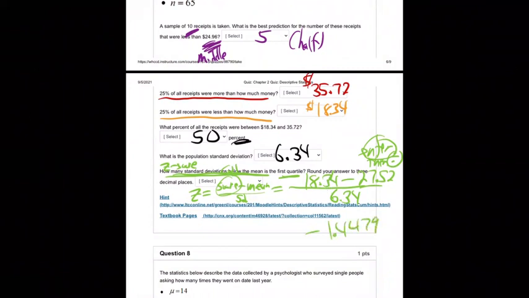Let me see what the options are on this question. Yeah, 1.448. They already said the word below, so the negative is understood. You might think, oh, there's no negative. Well, they said below. Below means negative. So that's the right answer. That's how we do that. There we go.